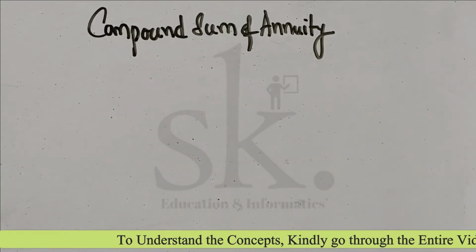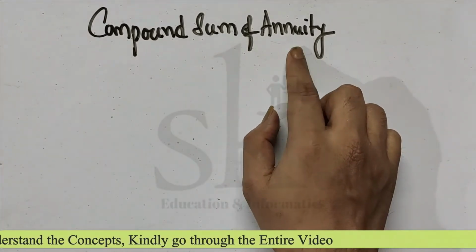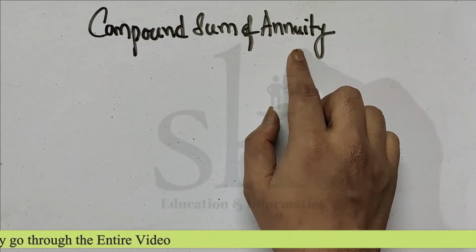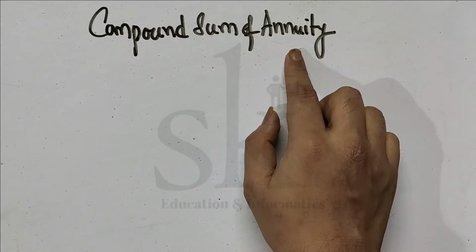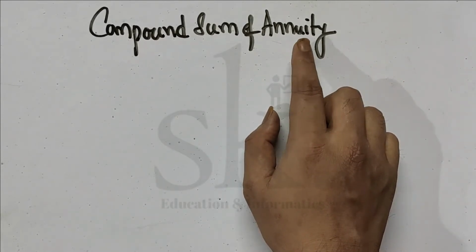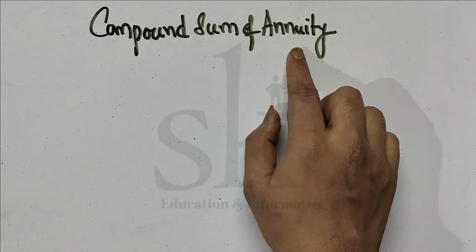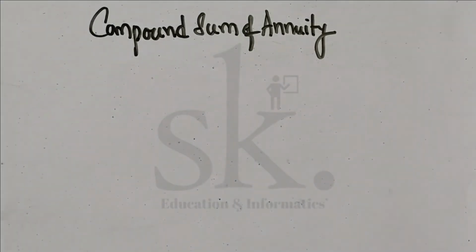Now what does it mean? An annuity is a series of payments or receipts of a fixed amount, or else a stream of equal cash flows. Take an example like LIC, Life Insurance Corporation, where we pay a fixed amount as premium.